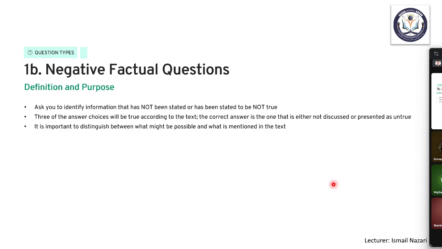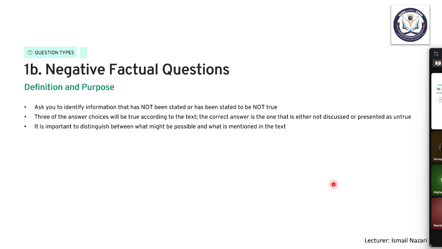The next question type, which is very similar to the factual question, is negative factual. When I say very similar, I don't mean that it has the same direction. The negative factual question is exactly the opposite of what the factual question asks.